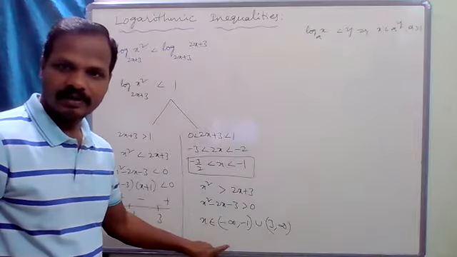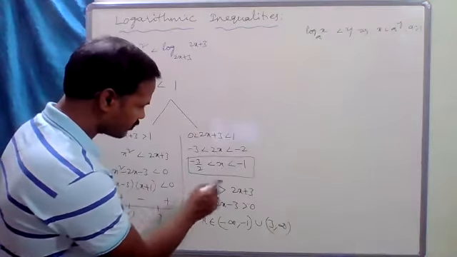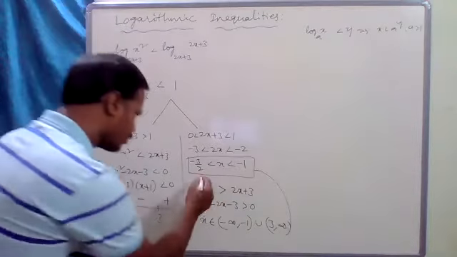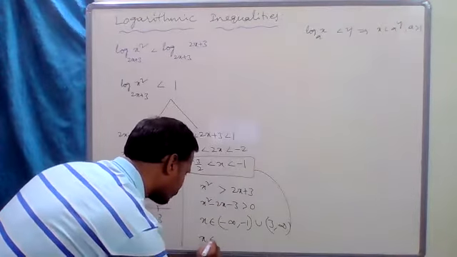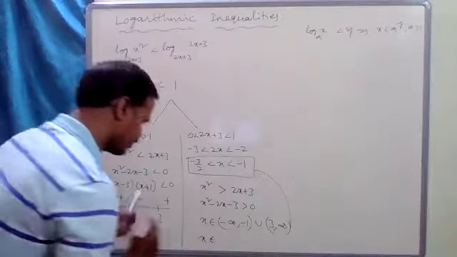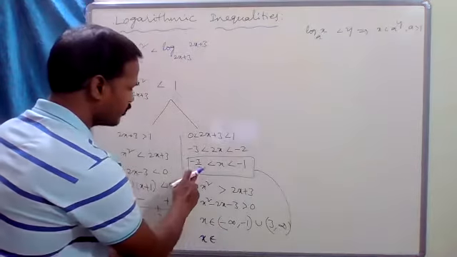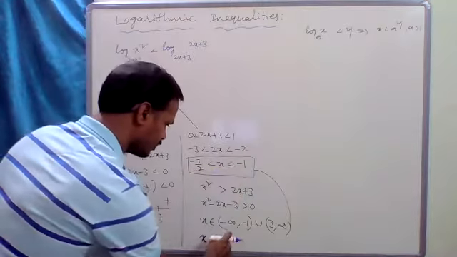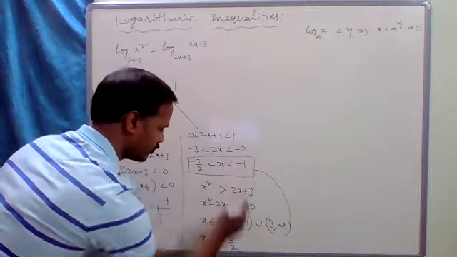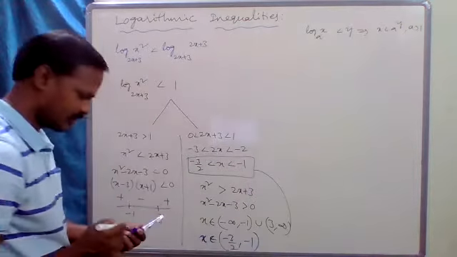But what about our x value? In this case, the x value is this one. So by joining these two, x belongs to the intersection of these two, which is in between minus 3 by 2 and minus 1. Clear?